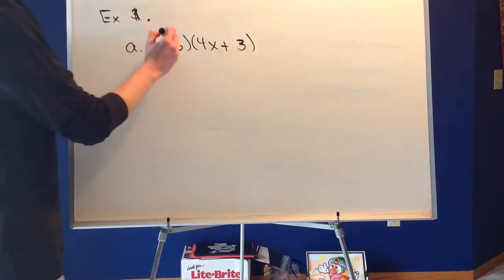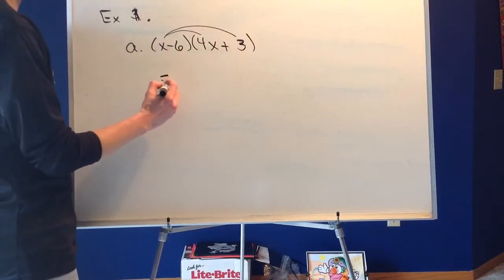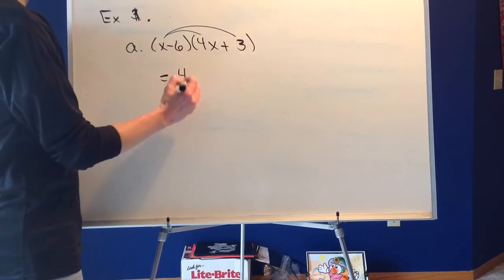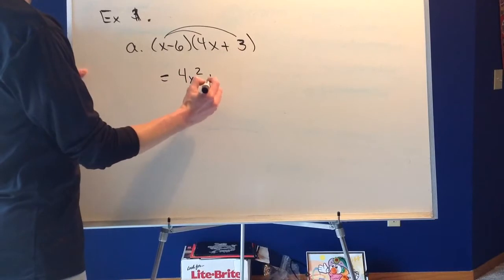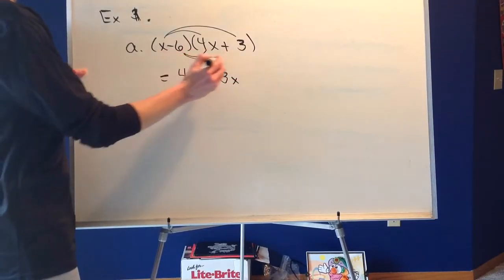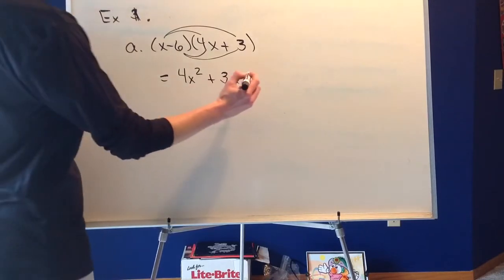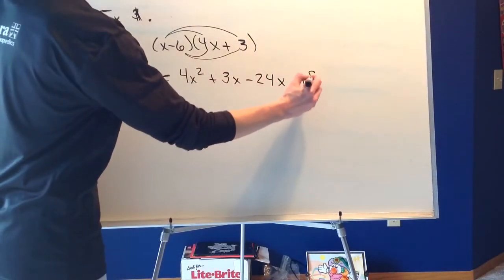So the first thing we will do is distribute the first term, x, to both of those pieces. So x times 4x will give us 4x squared. X times 3 will give us 3x. Then we're going to distribute the negative 6 to both of them. So we'll end up with negative 24x and minus 18.